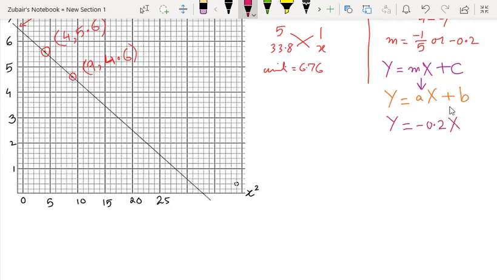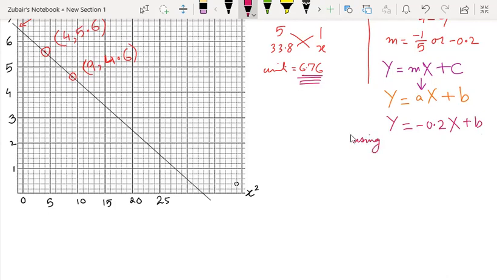x. And now what should be the value of b, the y-intercept, which is 6.76 by the graph, and you can find this by using any two of the points. So I am writing here plus b. Because I don't want to put this value, as it is estimated from the graph. I just want to have an exact value. So how can I find it? By using one of the coordinates.